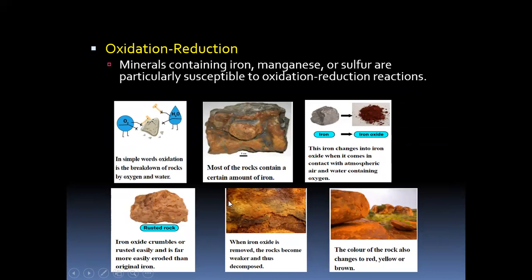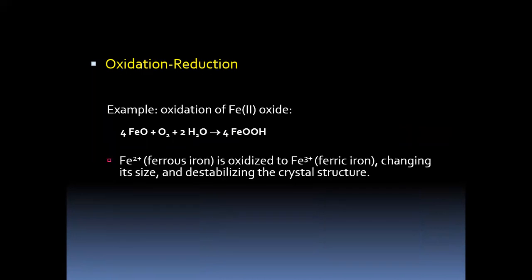When it is oxidized, it becomes rusted, and when it becomes rusted, it becomes weaker and can be eroded or broken down easily. Also, through this process, the color of the rocks changes, and the color can be red or yellow or brown, indicating the oxidation of the iron in this particular rock.